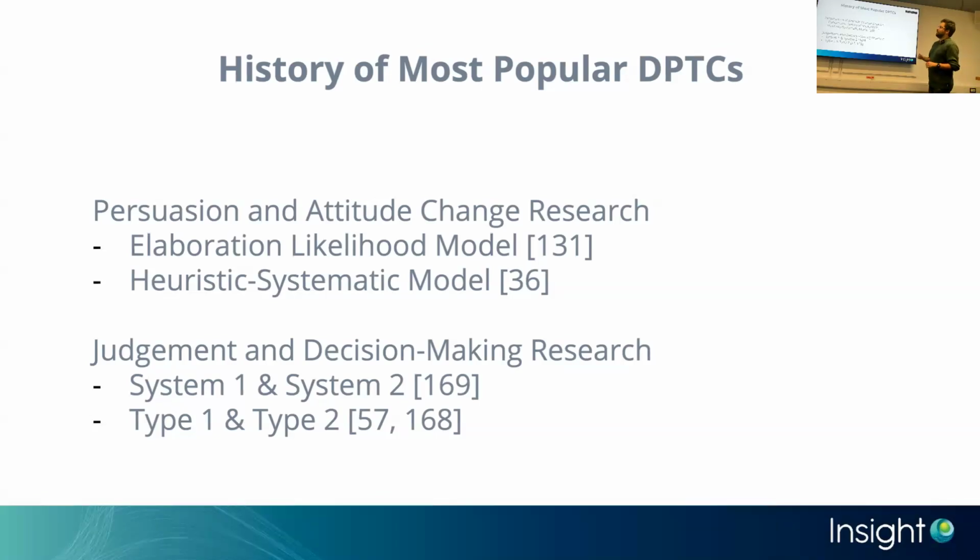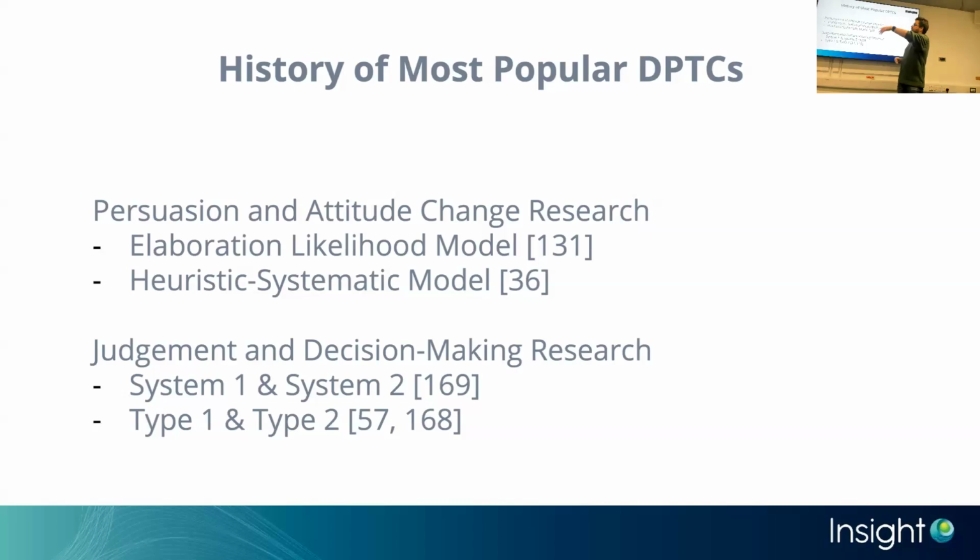So around the 1970s and 1980s, there was a lot of research around persuasion and attitude change. It was research where we give people messages, and some messages are really convincing because they're logical and consistent, and some are less so. But that's not necessarily predictive of what people will believe.